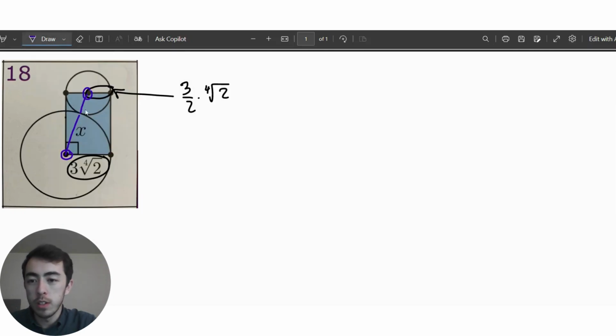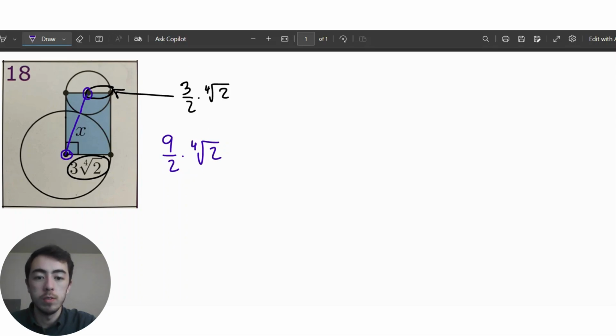So this diagonal length is going to be 3 plus 3/2 times the fourth root of 2, and so that's going to be 9/2 or 4.5 times the fourth root of 2. Again, not really sure where this is leading me, but I at least have this new length that I could use in my triangle, and it's this diagonal between the two centers of the circles.